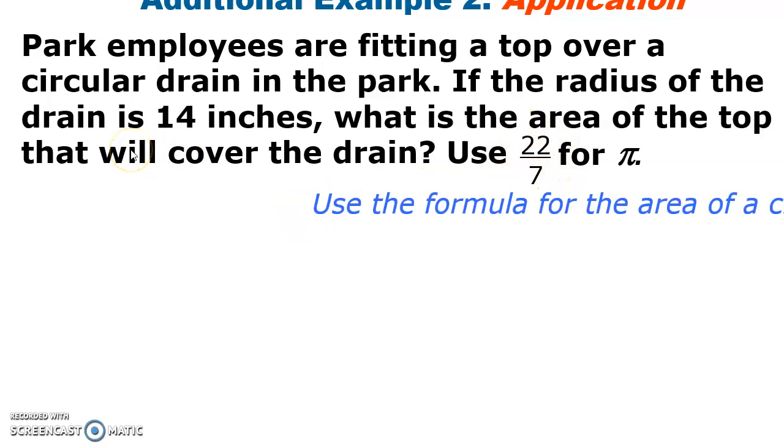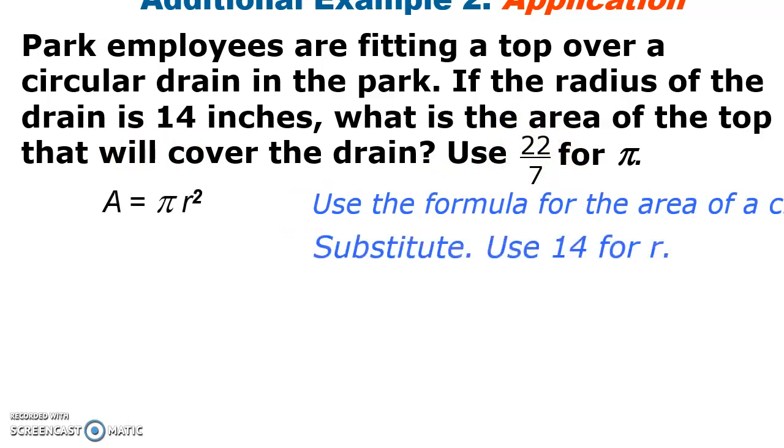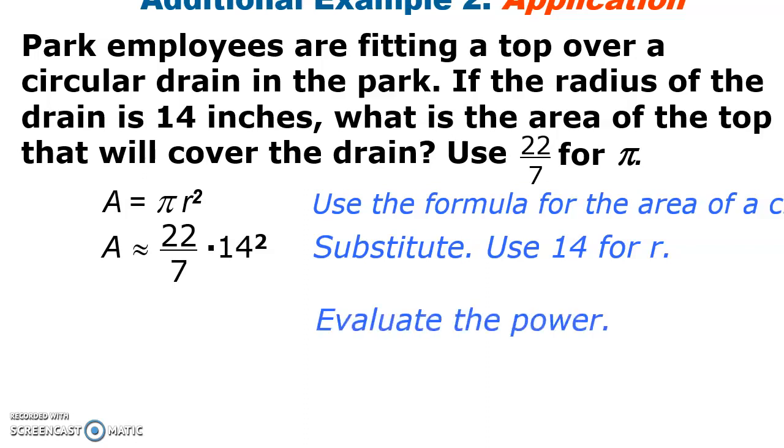So this is actually going to help us a little bit with solving the problem if we didn't have a calculator. So I just want to show you this in case you don't have a calculator. You can always use 22/7. Okay, so we're going to plug and chug. We're going to plug 14 in for our radius. And if you take 14 squared, you get 196.